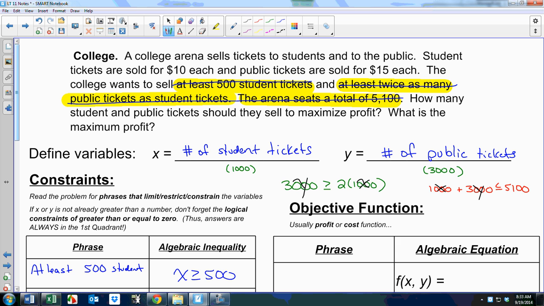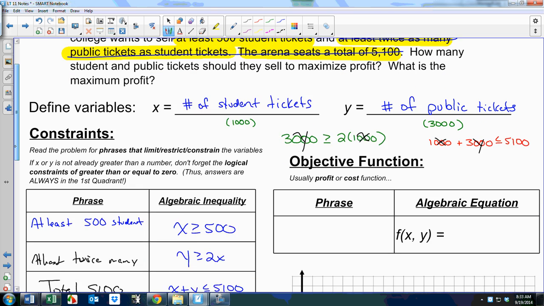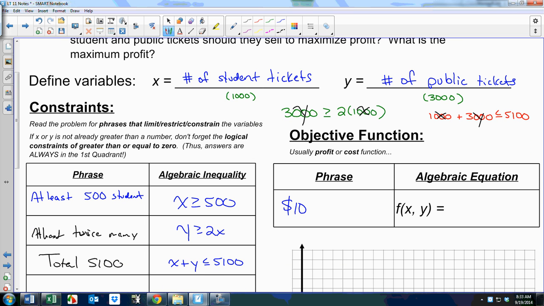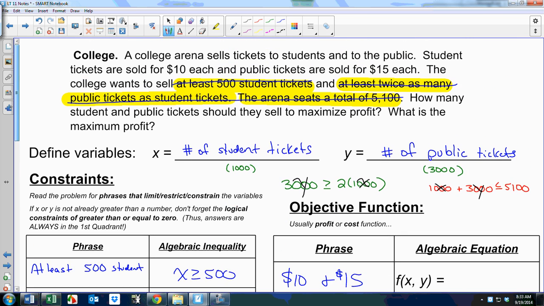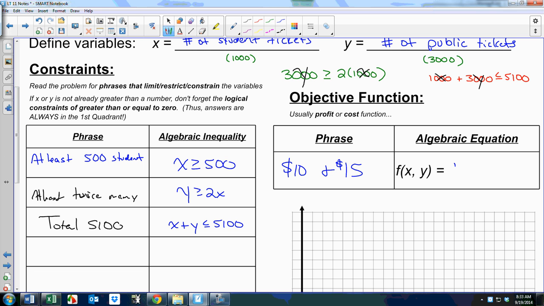And the public, take that 3,000 and multiply it by 15? So the profit function, the phrase, has to do with $10 and $15. The function is $10 for each student, so 10x plus 15y.